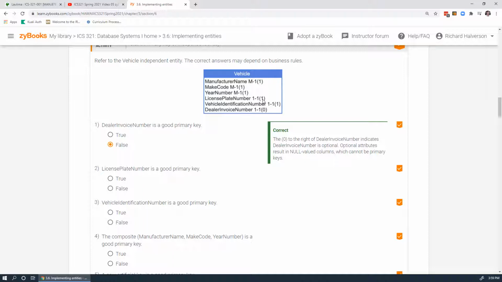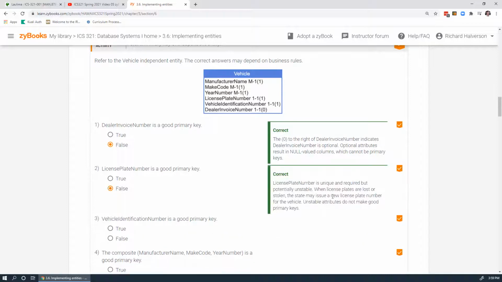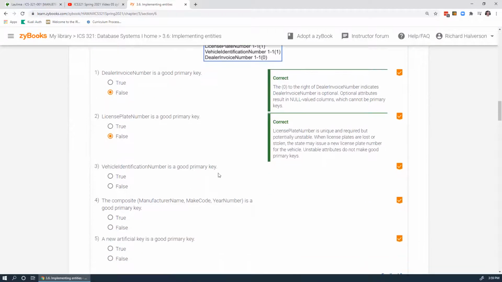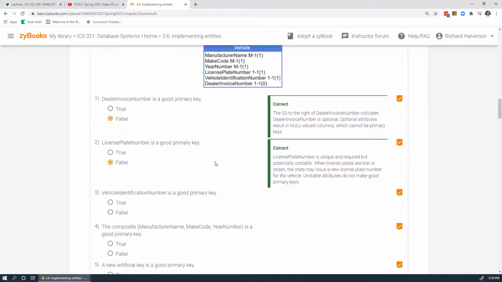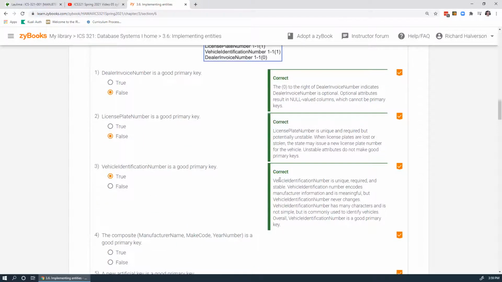No, it's not, because license plates can be stolen and changed, and so you have a vehicle there, and somewhere along the line its license plate number changes, and so it goes to another town or another state or something. Vehicle identification number, yes, that's a good primary key, and in fact, that's independent. So that's a really good primary key.